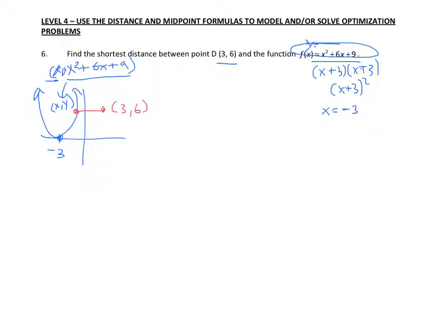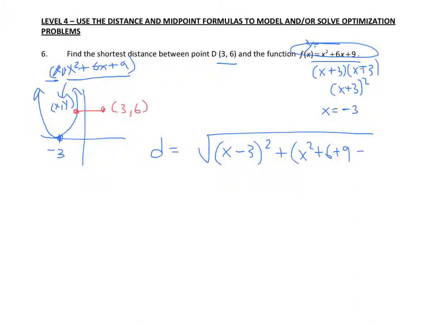And I'm going to plug this into the distance formula. So I subtract the x's, and I get x minus 3, quantity squared, plus, and then I subtract the y's. My y coordinate for my unknown point, I use x squared plus 6x plus 9. That represents the y coordinate. It's an expression for y in terms of x.